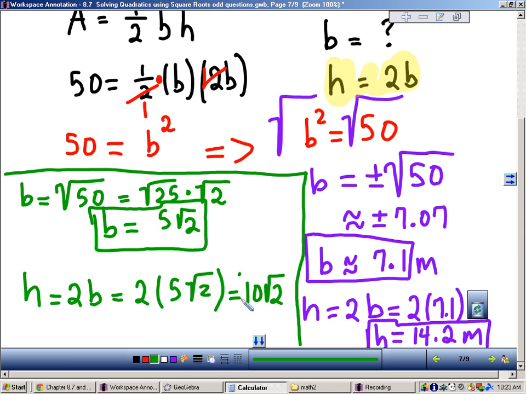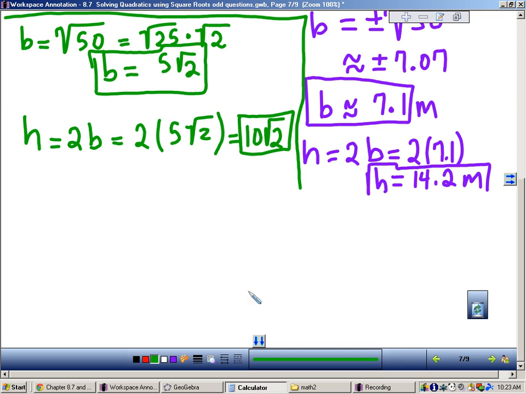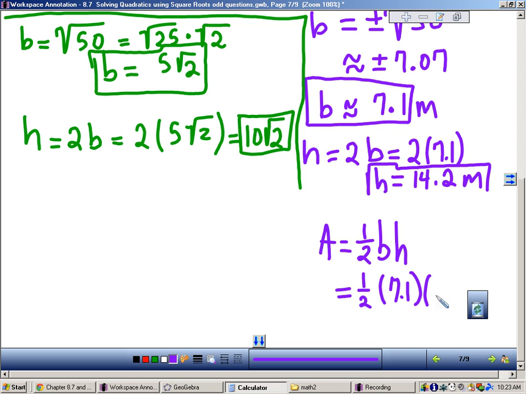Why is that important? Well, if you were to find the area of the triangle, we know it's 50, and if you take the rounded values and use the formula, we probably have to use our calculator to compute this, and that's what I'm going to do. Okay?